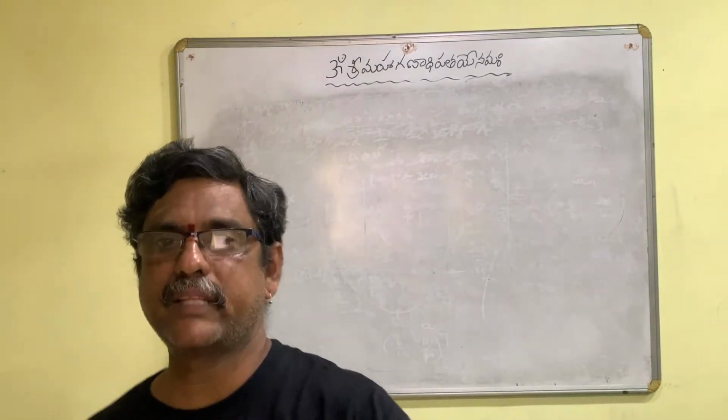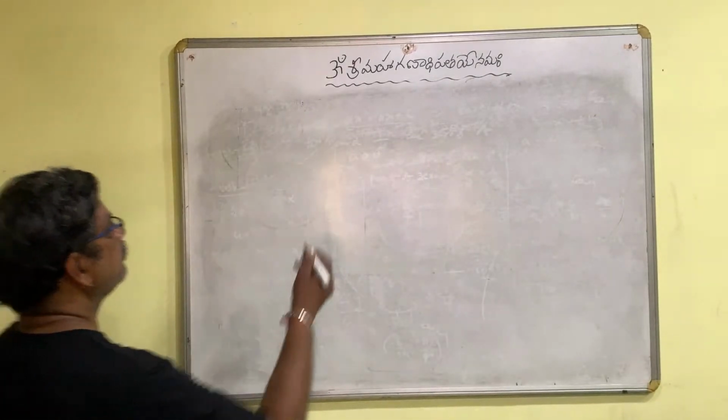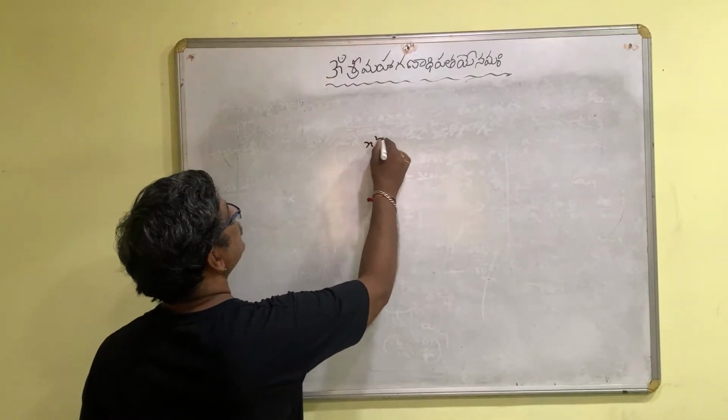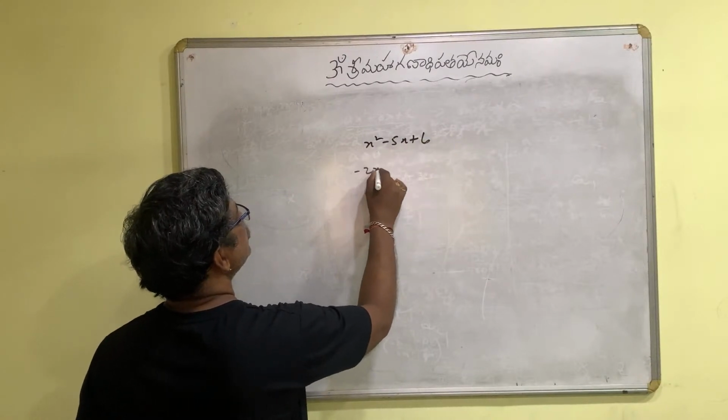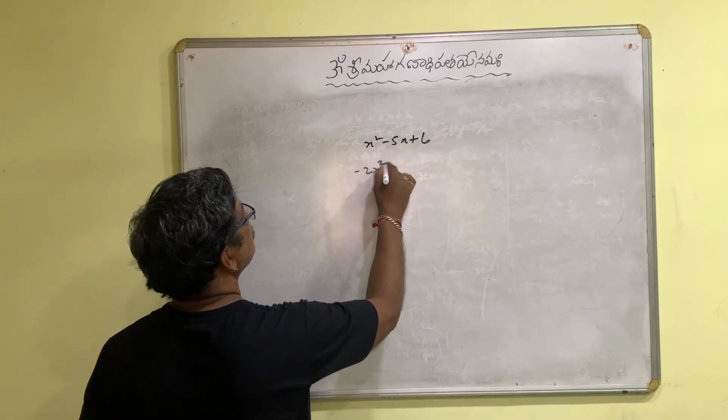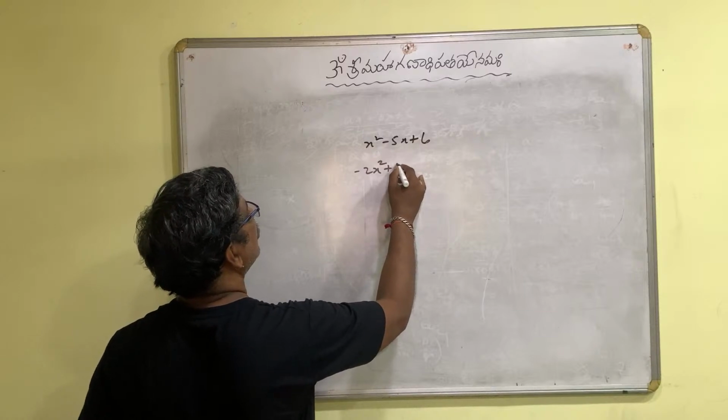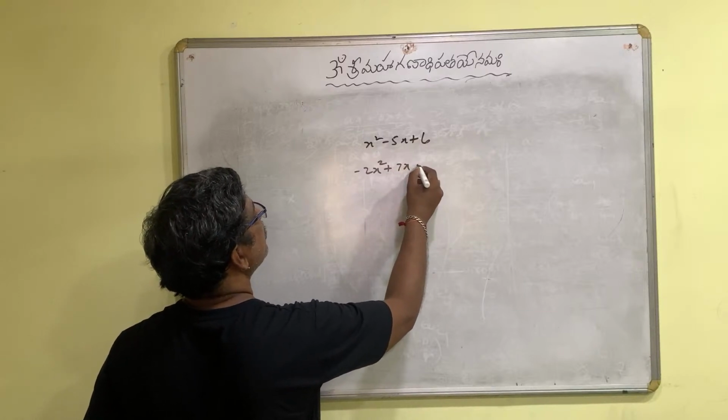See, you can observe this by drawing the graph of the polynomial. See here, x square minus 5x plus 6, minus 2x square plus 7x minus 6.